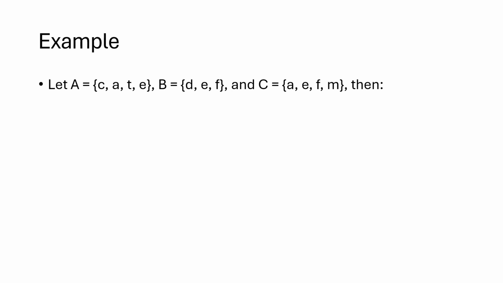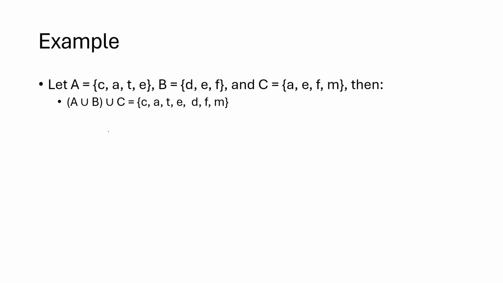All right. Now, let's take a look at an example. Again, similar to the previous videos, I encourage you to do this yourself. We have three sets, A, B, and C, and we want to look at A union B union C. We take the union of A and B first.